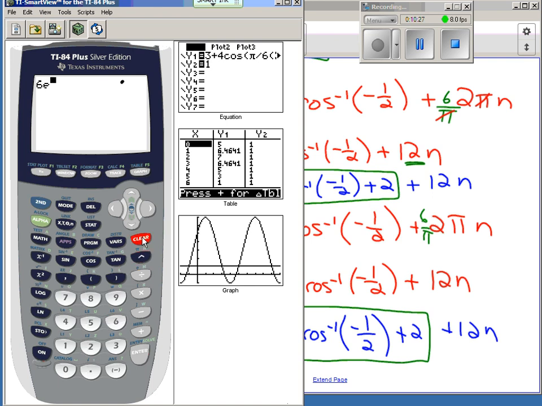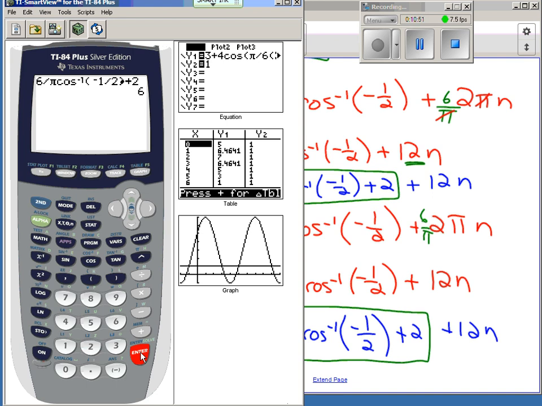Let's try it again. 6 divided by pi. And I multiply that by cosine inverse of -1/2. I'll close that parentheses. And I take that answer plus 2. So there is one starting answer.